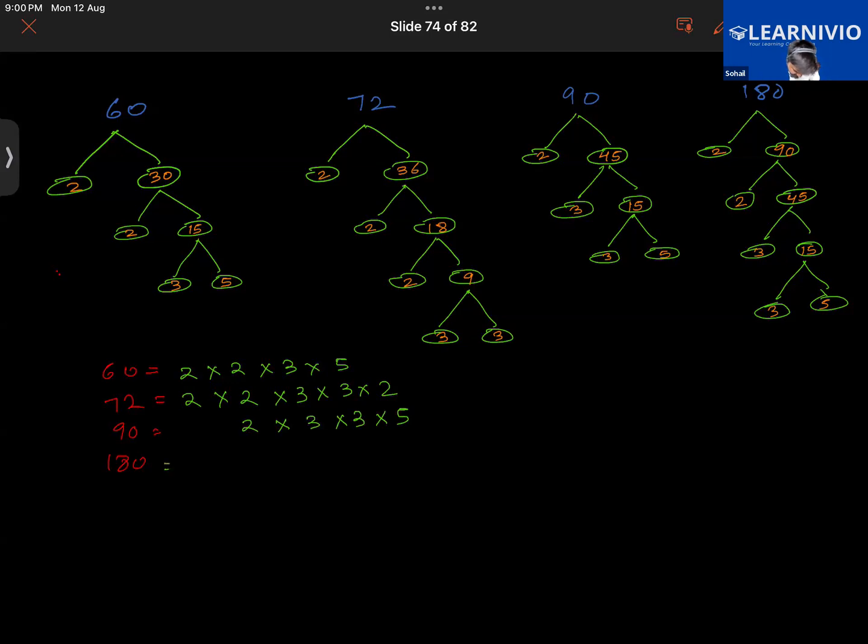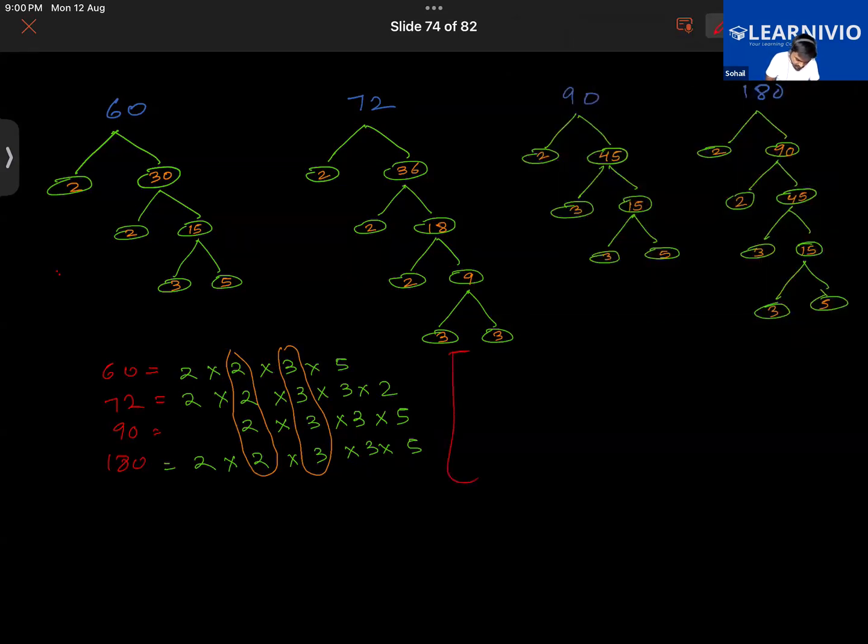And for 180 we have 2 multiplied by 2 multiplied by 3 multiplied by 3 multiplied by 5. Okay, so far correct. Now this 2 is common, then this 3 is common. So far that is how we have done, right? Basically for 60 we can write this also as 2 squared multiplied by 3 multiplied by 5, right?